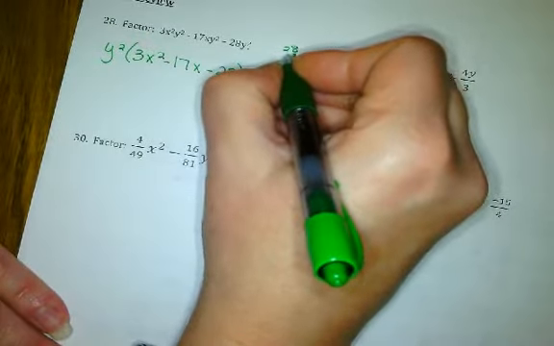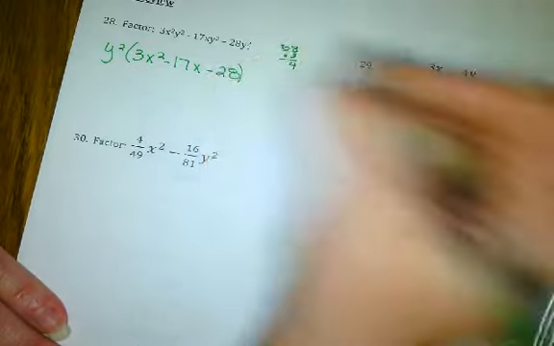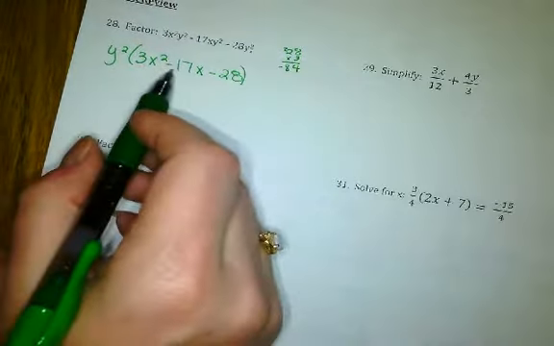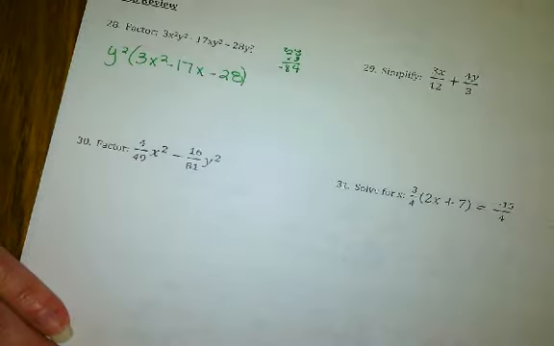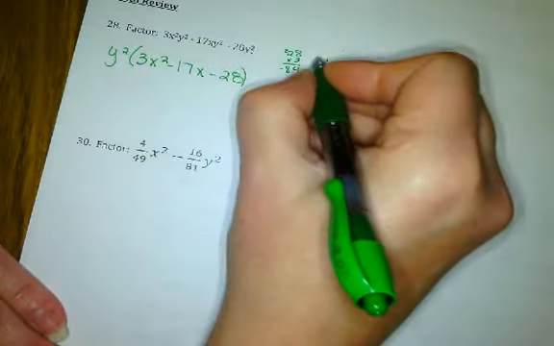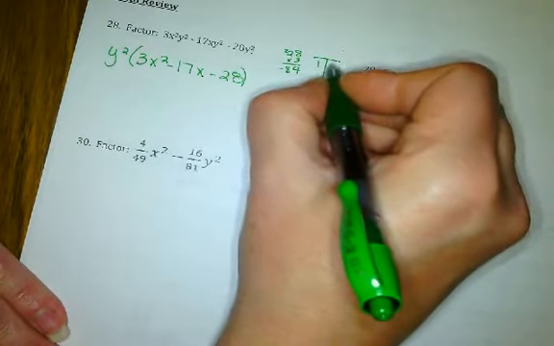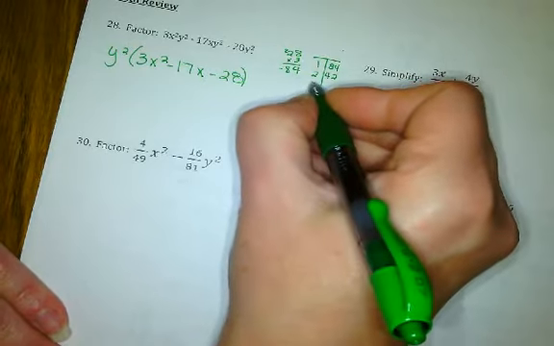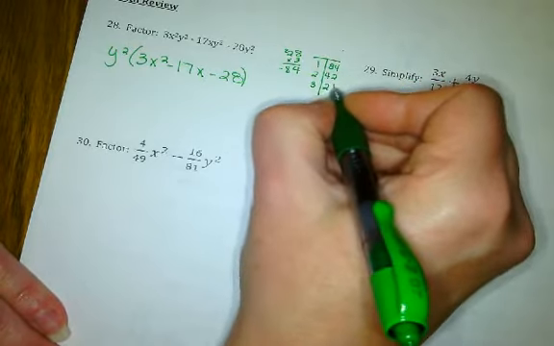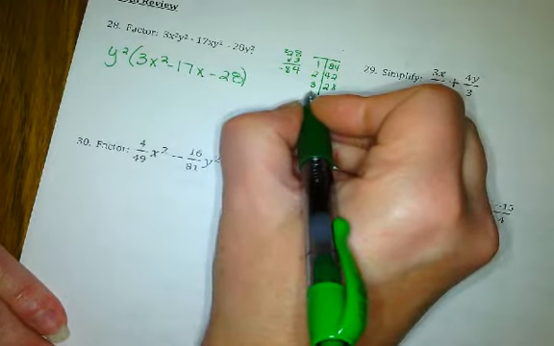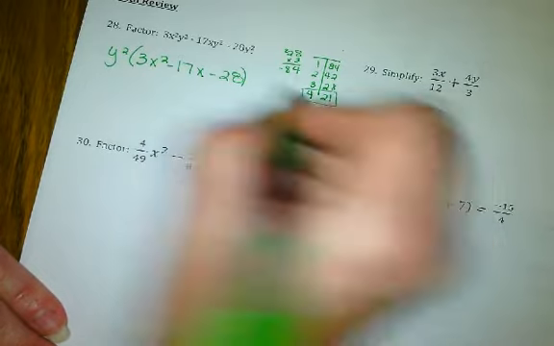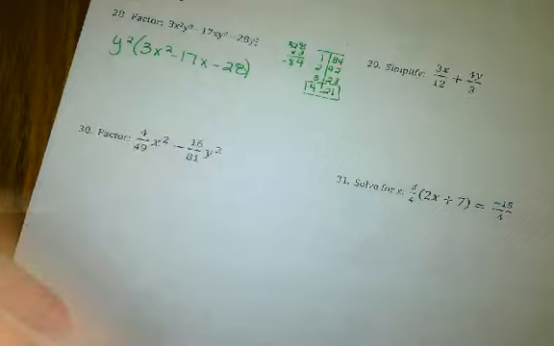So 28 times 3 is going to be 84. So what two numbers will multiply to get negative 84 and combine to get negative 17? Okay, so I can do 1 and 84. I can do 2 and 42. I can do 3 and 28, which means I can also do 4 and 21. Oh, I think that'll do my 17. And then this would have to be the negative.